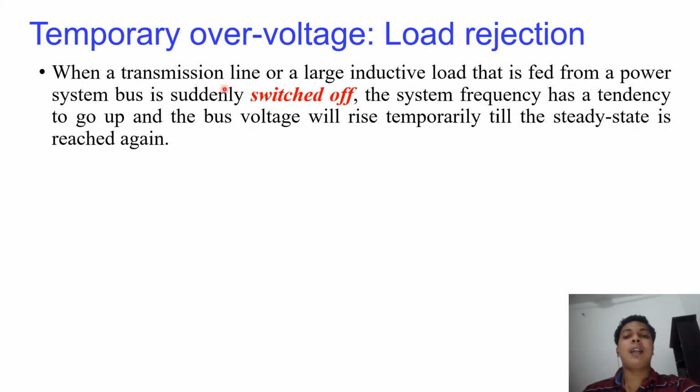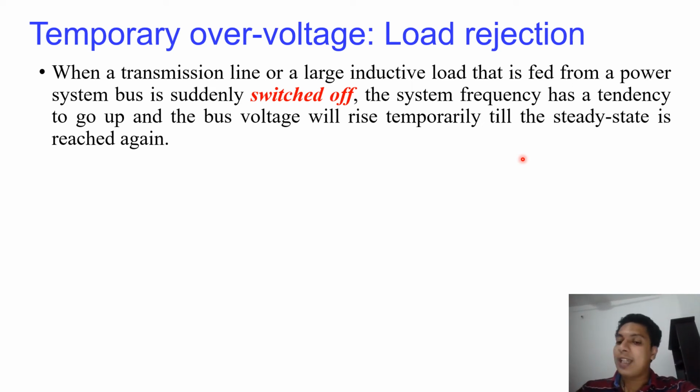So when a transmission line or a large inductive load that is fed from a power system bus is suddenly switched off, the system frequency has a tendency to go up, and the bus voltage will rise temporarily till the steady state is reached again. Understood? Think of it like this: you have a generator and a prime mover, where mechanical energy is converted to electrical energy, and there is a balance between both.